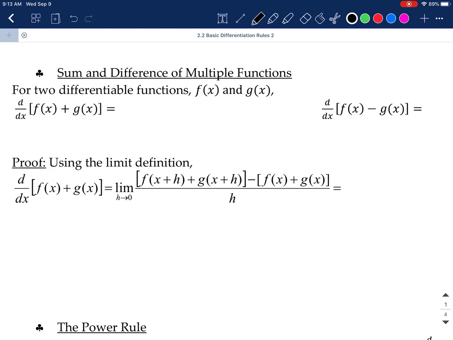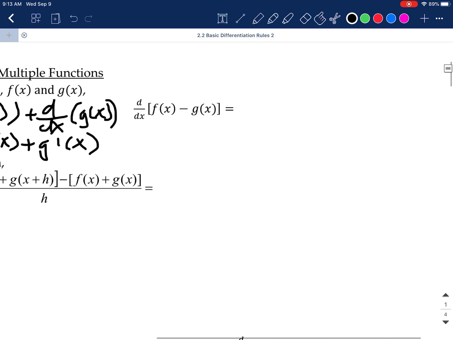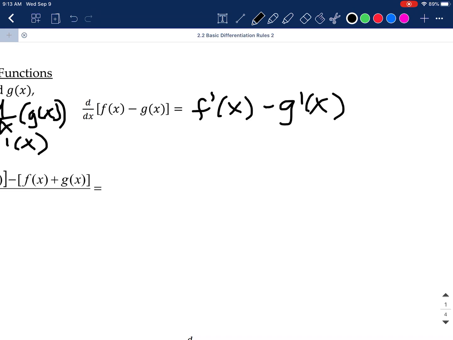So if both are differentiable, then the derivative of the sum is equal to the sum of the derivatives, just like it was with limits, which we could write as f prime plus g prime. And the same will be true about the difference. So this will be f prime of x minus g prime of x.